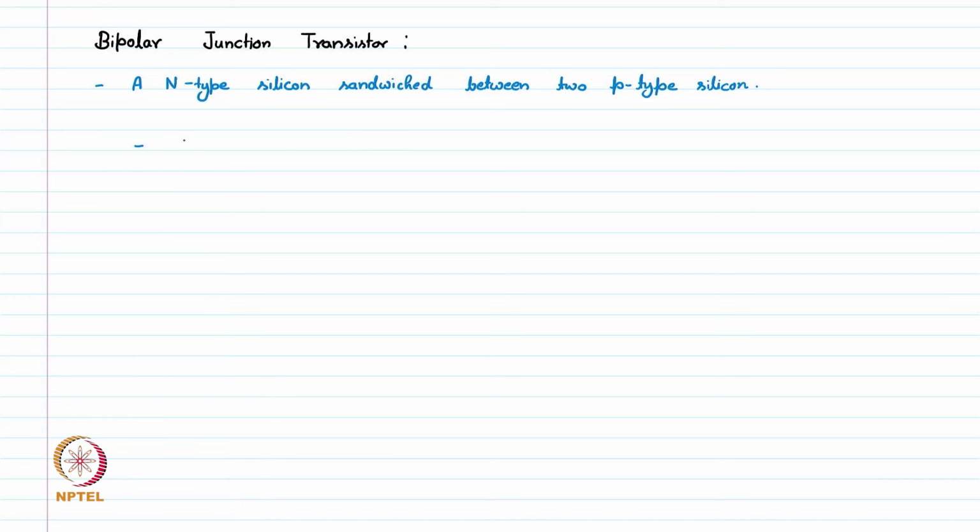There are two types of transistor, which are NPN and PNP. One is the NPN and the other one is PNP. These are two different types of transistors, and there are three regions, or three portions, of the transistor.